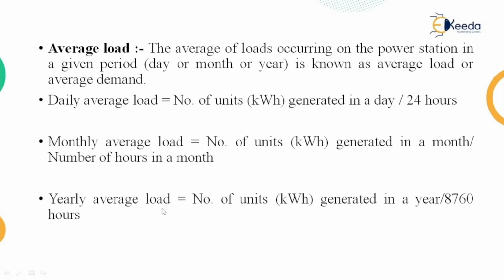Then yearly average load is the number of units generated in a year upon 8760 hours, where 8760 is 24 into the number of days in a year, that is 365. In this way we can calculate the average load.